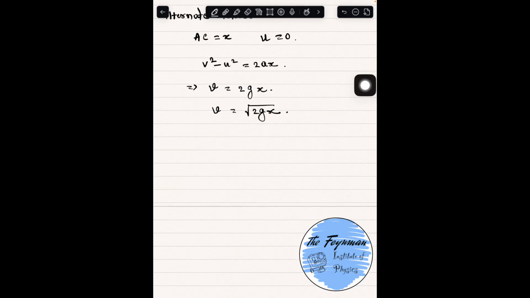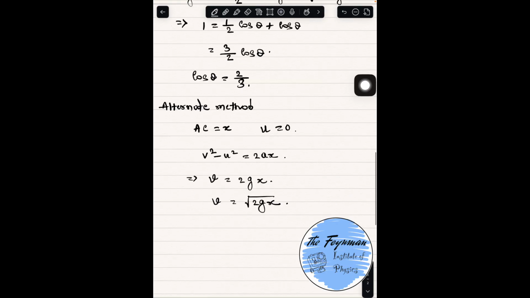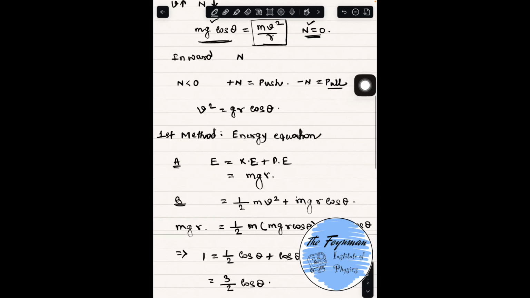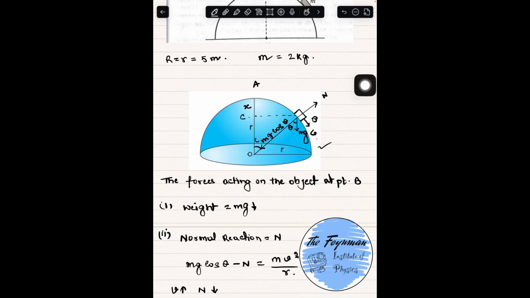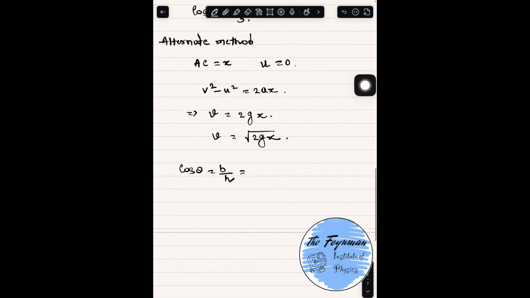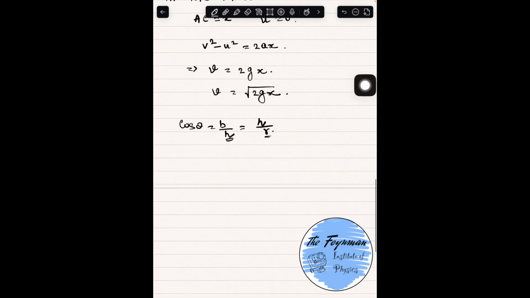Similarly, from the triangle OCB, we can write cos theta is equal to b by h. This one is theta, so OC, the height which we have to determine, is h, so cos theta is h by r, because the hypotenuse is equal to the radius.